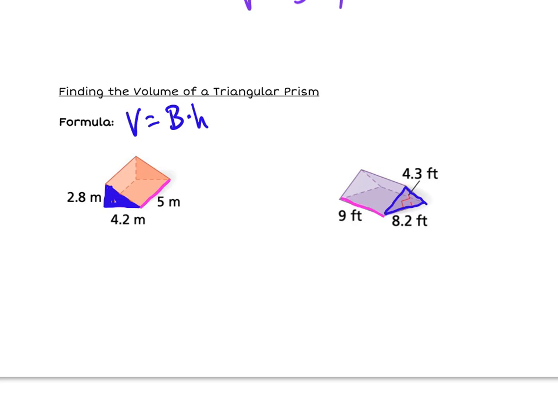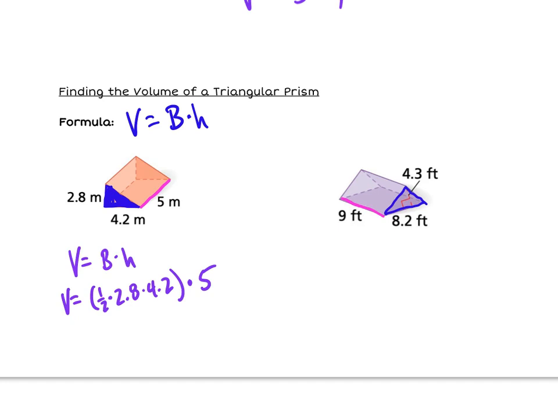We'll focus on the first one. You have to think back to the previous section. First, find the area of the triangle. Volume equals base times height, and my base is 1/2 times 2.8 times 4.2, because that is a triangle. Then I multiply that by the height, which is 5.